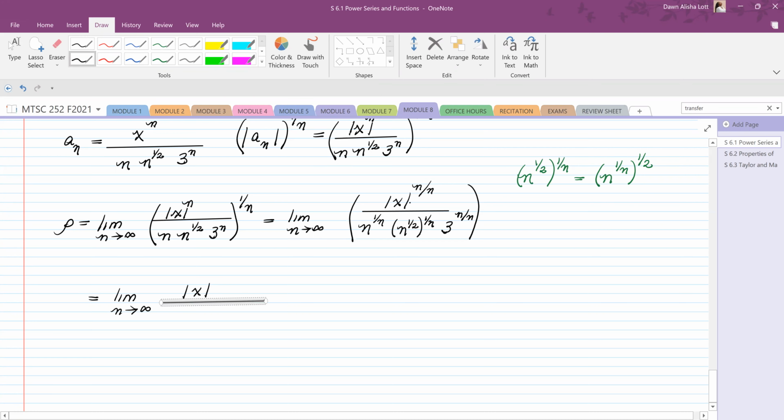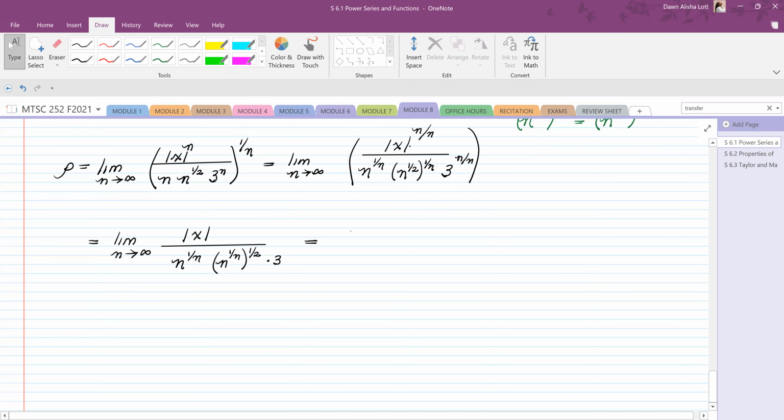In the denominator, I get n to the 1 over n, then n to the 1 over n to the 1/2 power, and then 3. When I take the limit as n goes to infinity, I get the absolute value of x over 3, because we remember that the limit as n goes to infinity of n to the 1 over n is 1. If we forget that, we have problems.